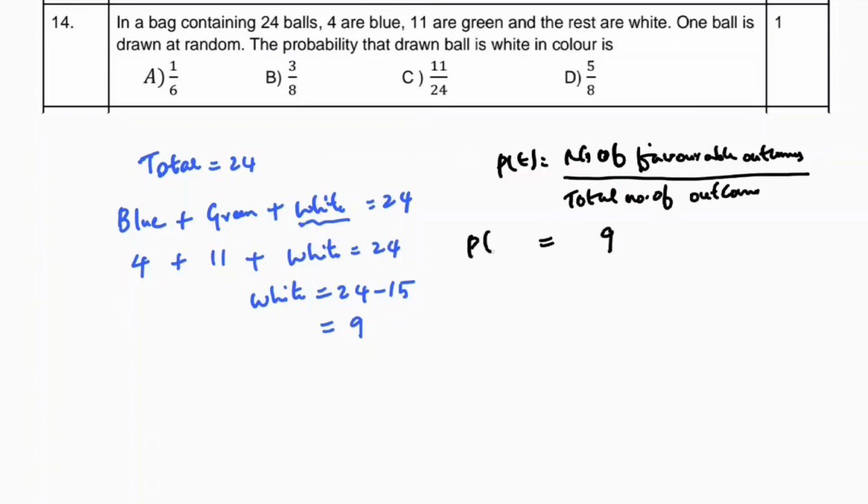So probability of getting white ball is 9 out of 24. If you cancel, 3 times 3 and 3 times 8. So the answer is 3 by 8. Correct option is B.